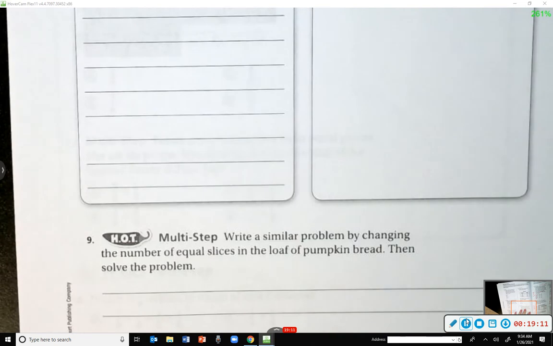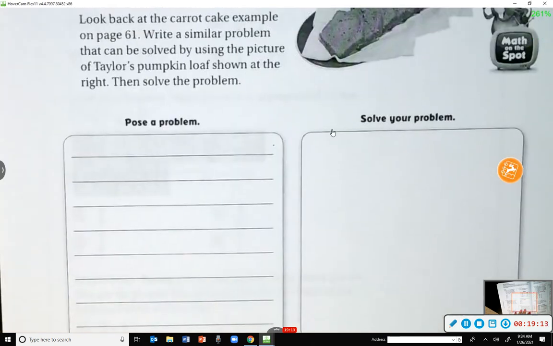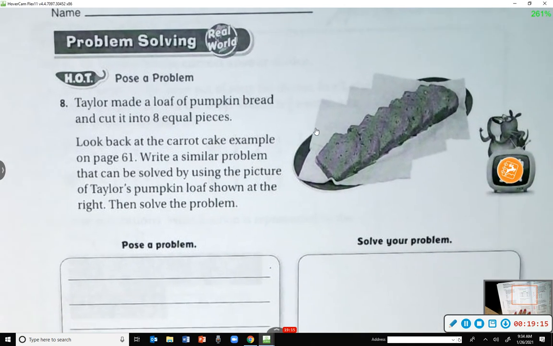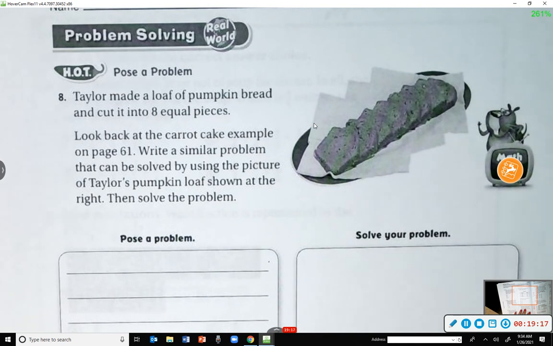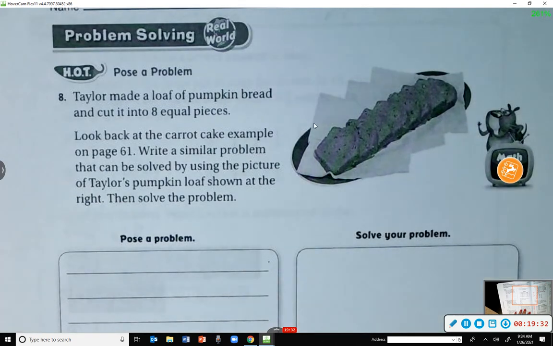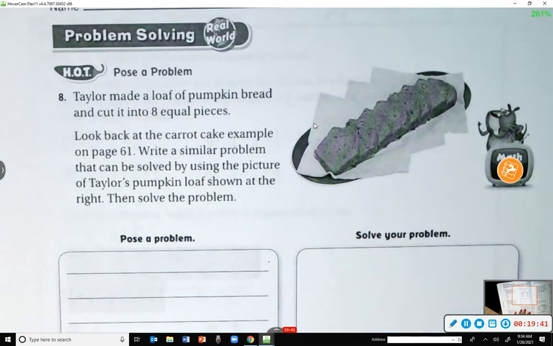Can I read it? I'm gonna read it. Number 8. No? Okay, Bryson, go ahead and read. Taylor made a loaf of pumpkin bread and cut it into 8 square equal pieces.